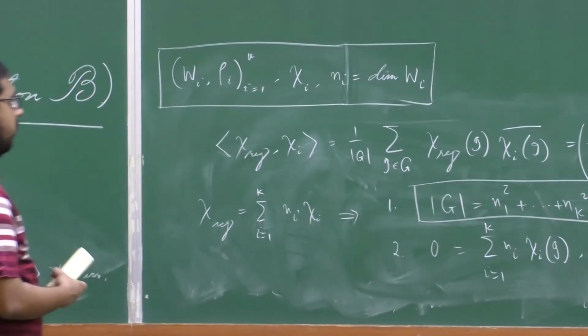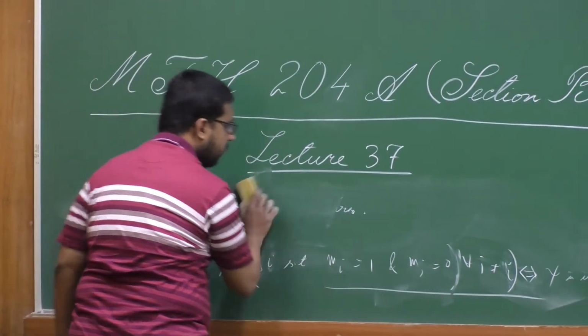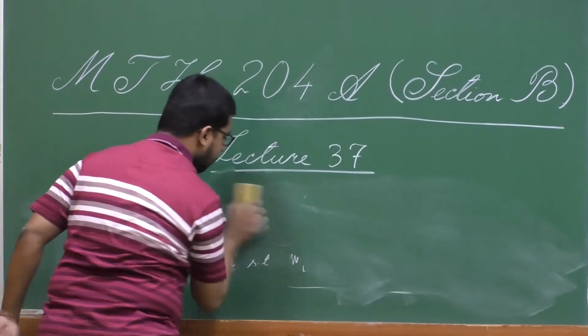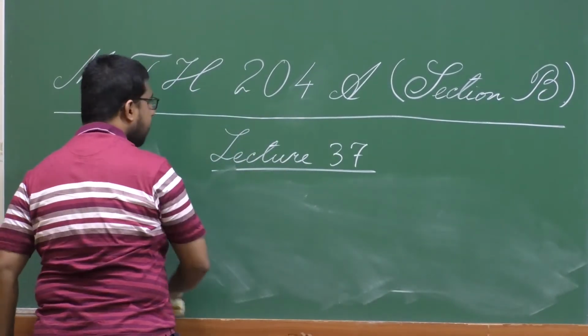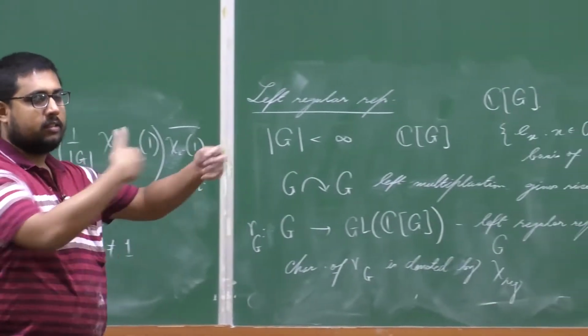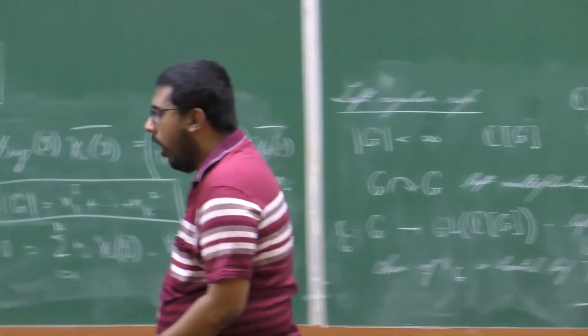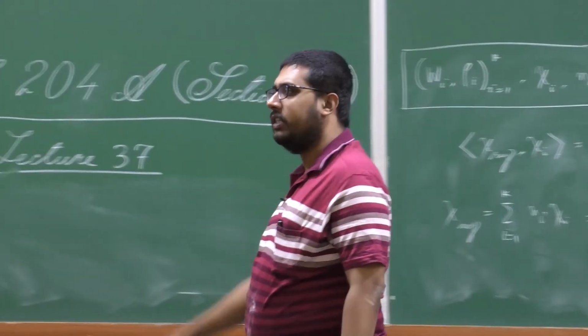Okay, so now let me get into the discussion of class functions. Earlier we have seen that the set of all irreducible characters forms an orthonormal set of CG.